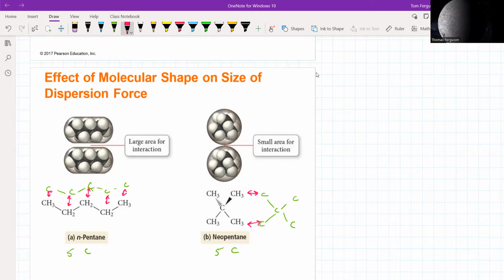So this long string, the N stands for normal. Normal means long string, no branching.